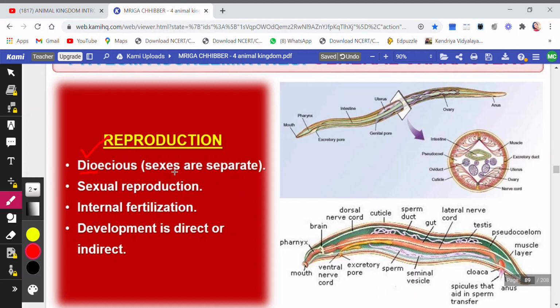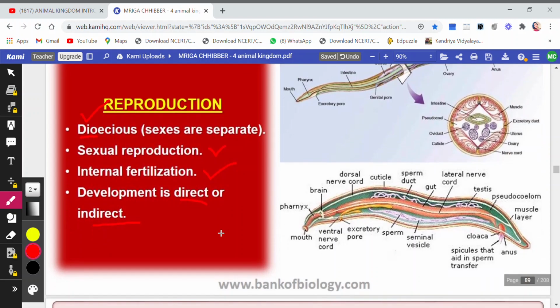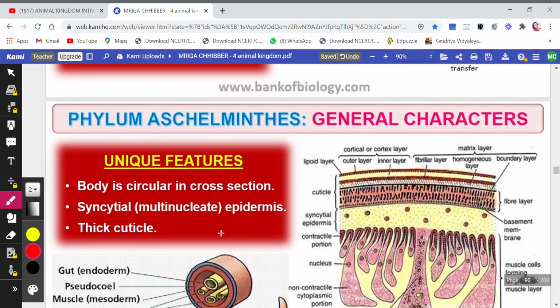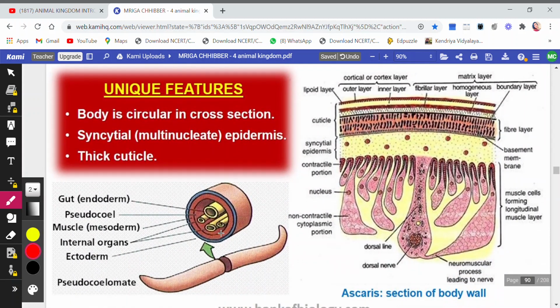Reproduction is sexual, fertilization is internal, and development is both direct and indirect. Direct development means that the young ones resemble the adult ones, and indirect development means there is no similarity between the young ones and the adult ones.